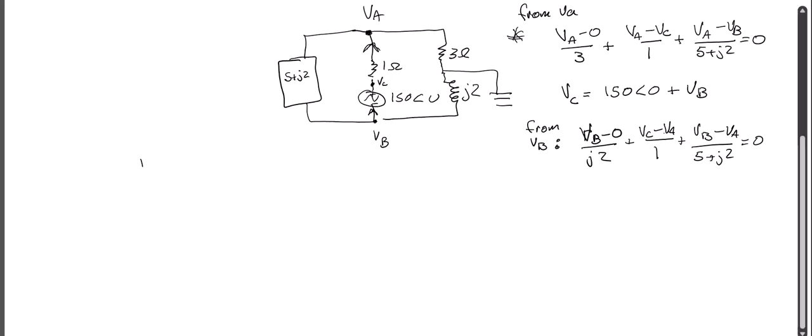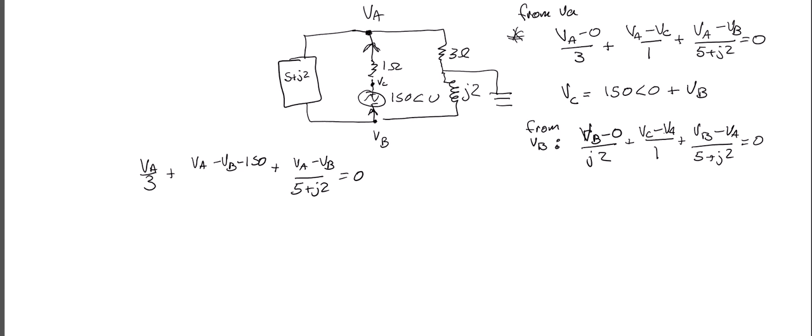So I'll rewrite it: VA over 3 plus VA minus VB minus 150 plus VA minus VB over 5 plus J2 equals 0. And then the trick with this one is having to do it without using the complex number features of your calculator. So you want to try to do as much of it by hand as possible.